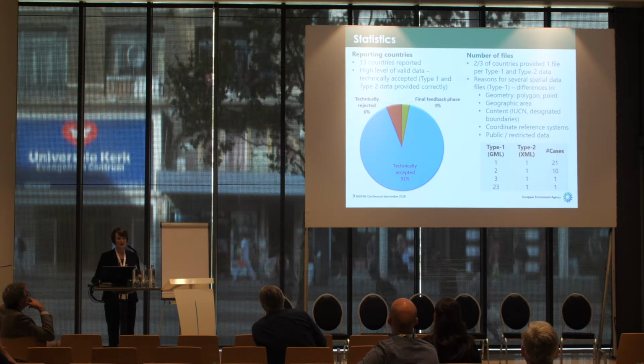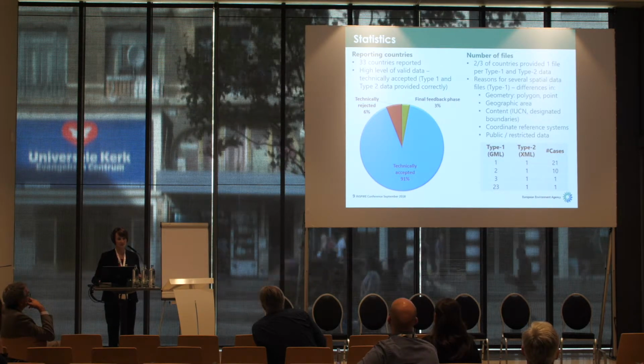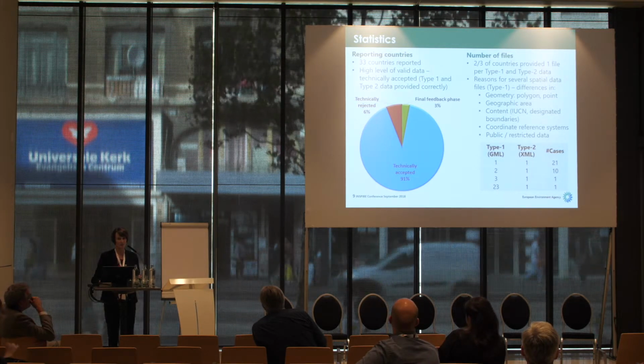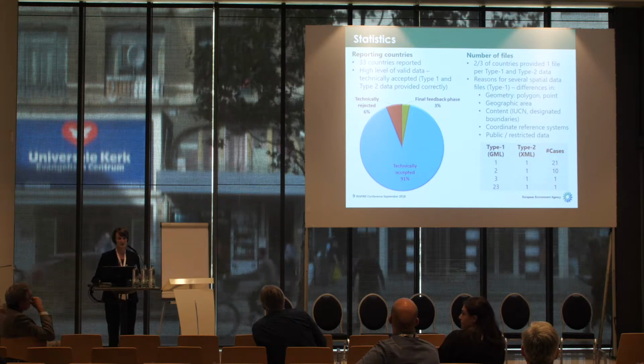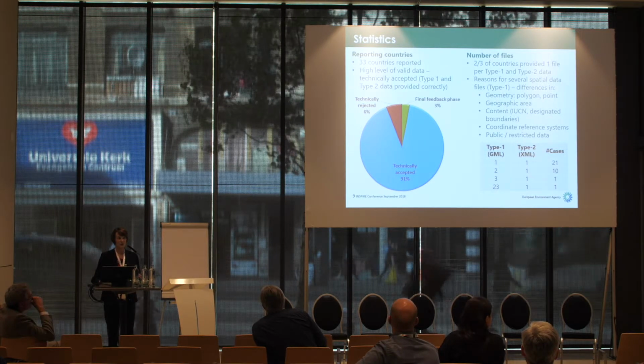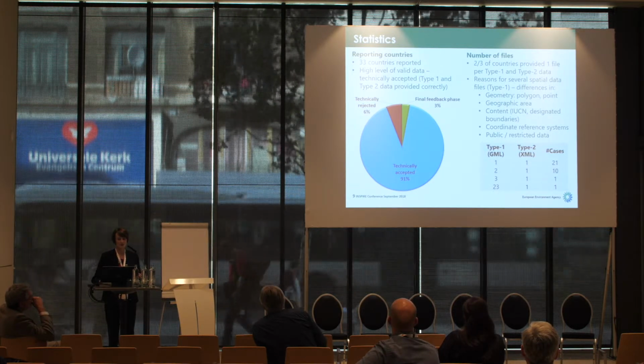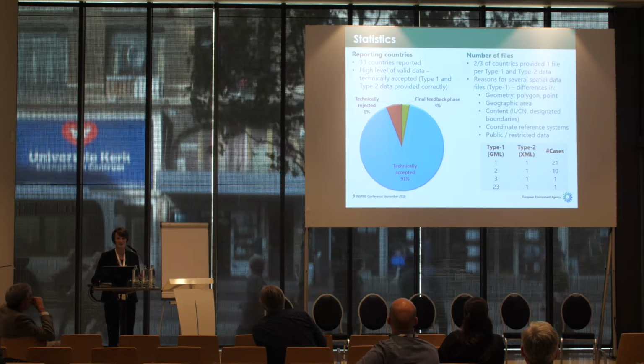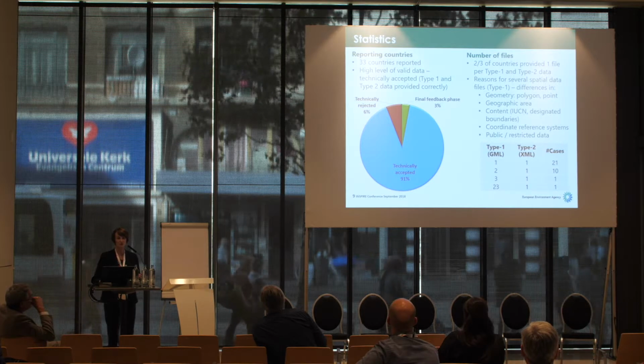We also had another look at how the datasets were reported, and we noticed that thematic data were quite easily reported, with the complete national coverage in one dataset, whereas in quite several cases the spatial data were provided in several datasets, and there are many reasons for this.